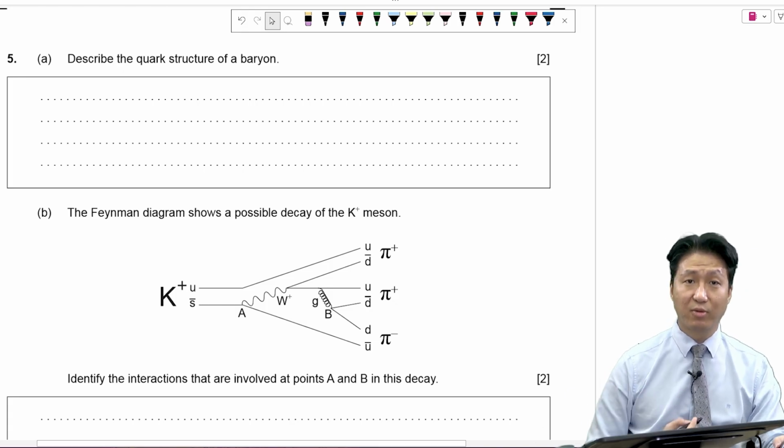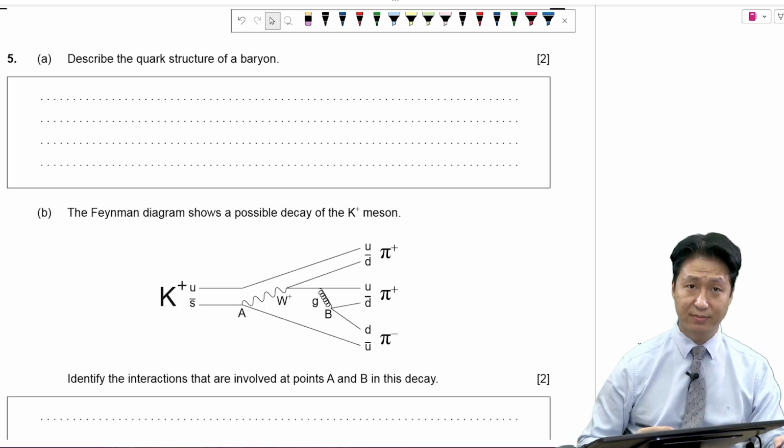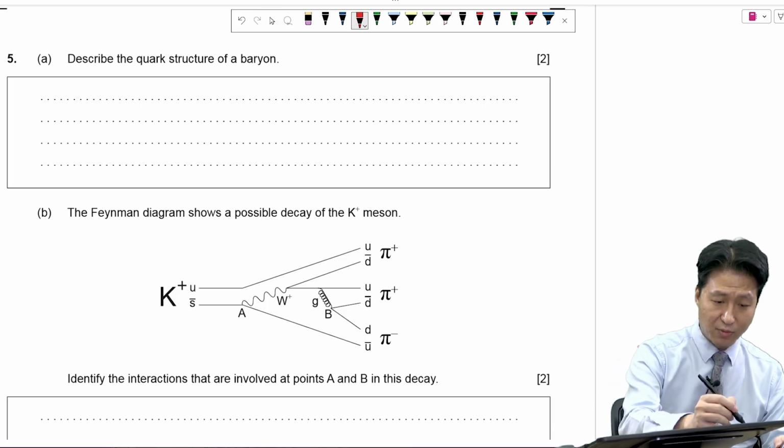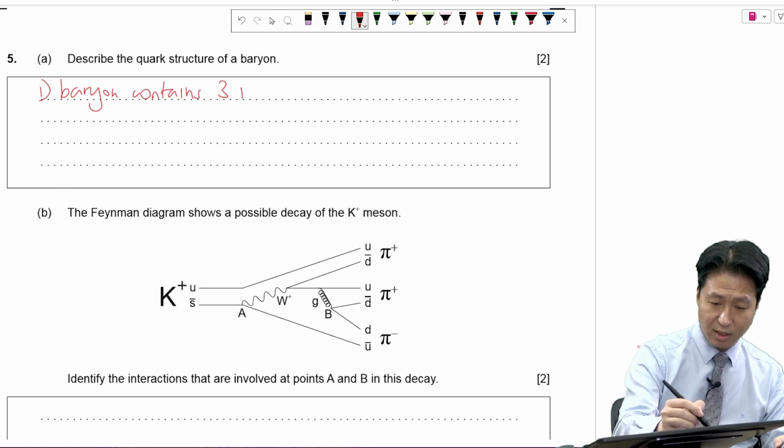Next, question number 5 says, A, describe the quark structure of a baryon. So, number 1, a baryon contains 3 regular quarks.